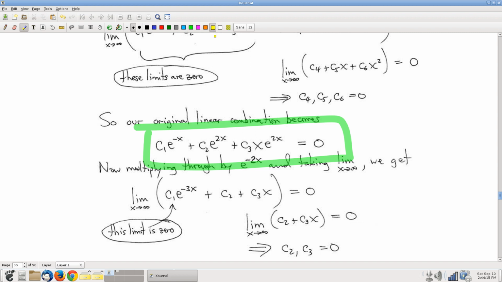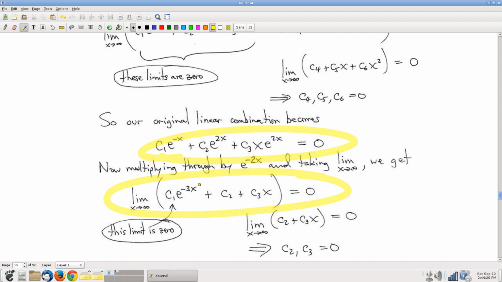Well, the highest exponential here is e to the 2x. So with that in mind, I'm going to multiply by e to the negative 2x, take a limit as x approaches infinity. This becomes this. This limit here is obviously 0, so I can throw that term away. And therefore, I have that.